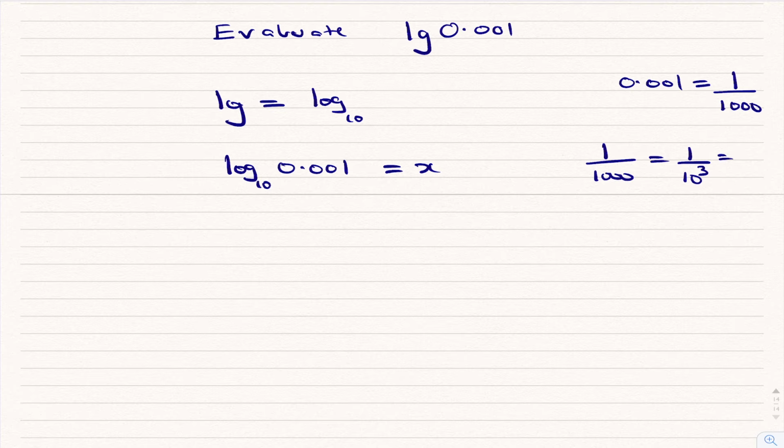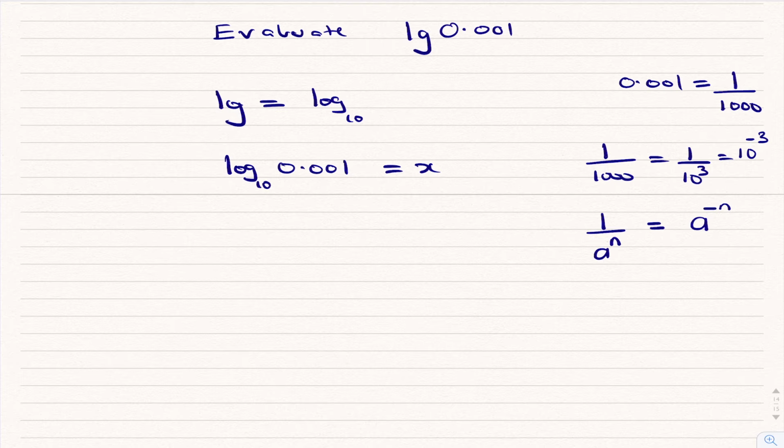So that becomes, using our indices, 10 to the power minus 3. If you're not sure where that comes from, 1 over a to the power of n is equal to a to the power of minus n. So that's the relationship that we've applied. In that case, a is 10, n is 3, and so that's how we write it.